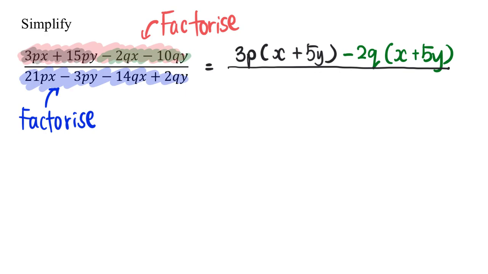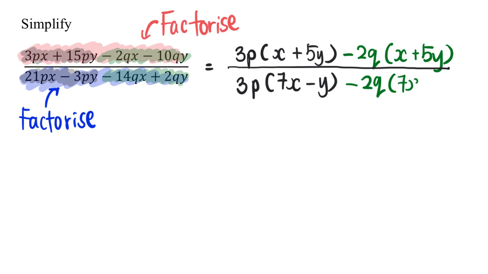So for the denominator, you can see that this one, I would have taken out 3p, and I'm left with 7x minus y. Negative 2q, I would be able to get 7x minus y as well.